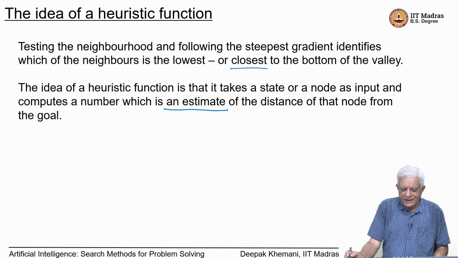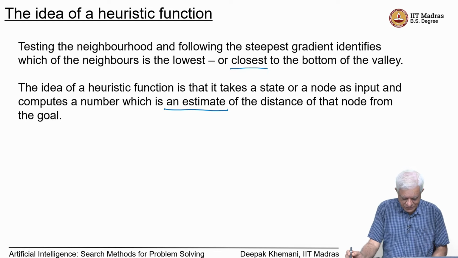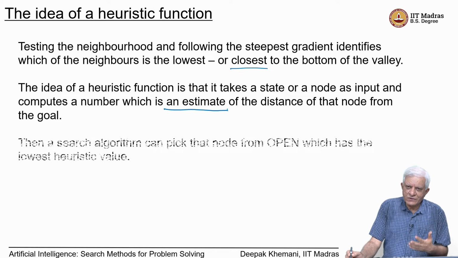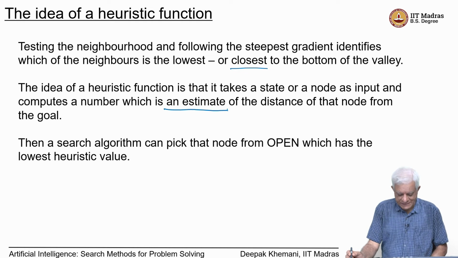If you could have an estimate for every node in the search space as to how close it is to the goal, then that could be used to guide search. Then the search algorithm can pick a node from open which has the lowest heuristic value.